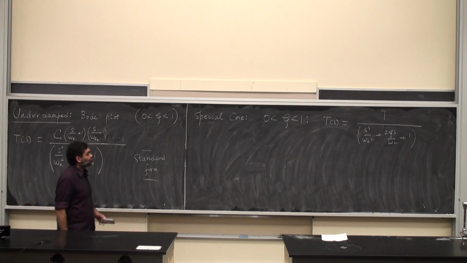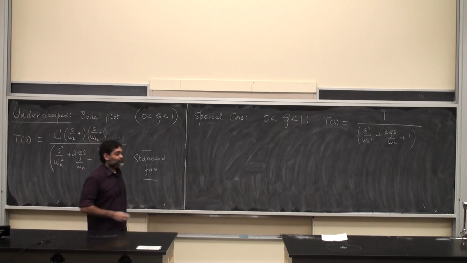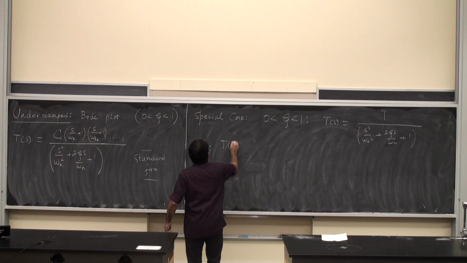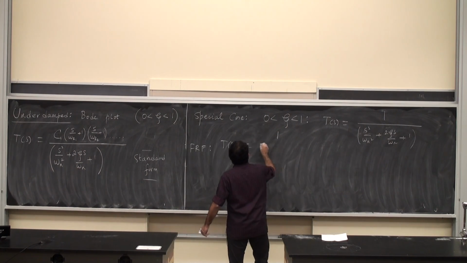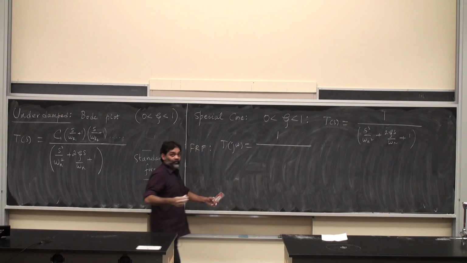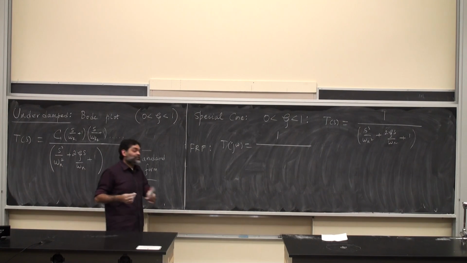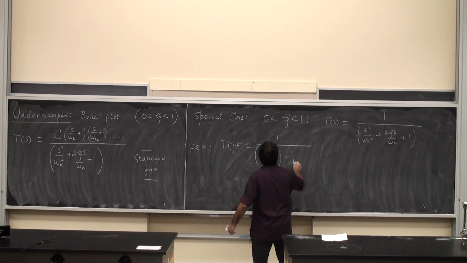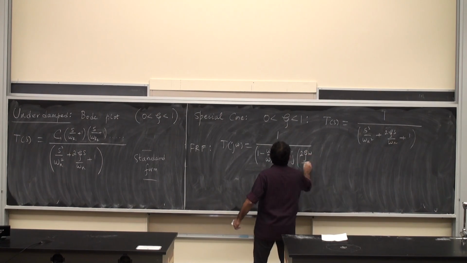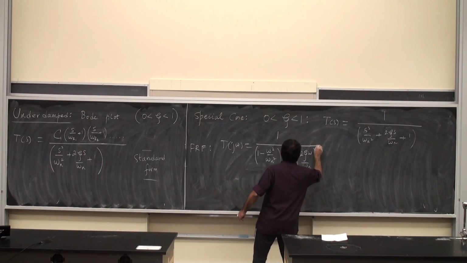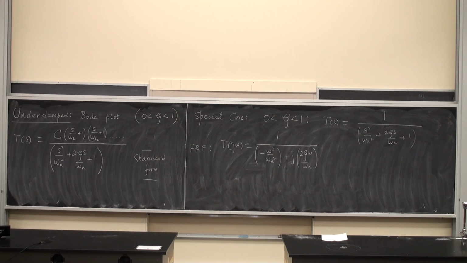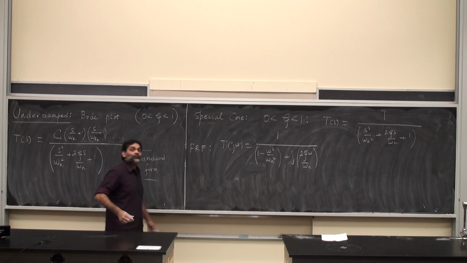Very simple. First write the frequency response function, P of j omega, 1 over S squared, so I have a j omega whole square, so that's minus omega square, so that's 1 minus omega squared over omega n squared. This is a frequency response function.